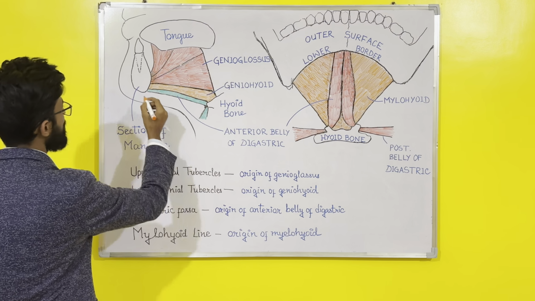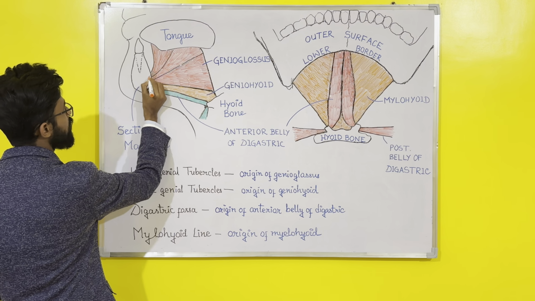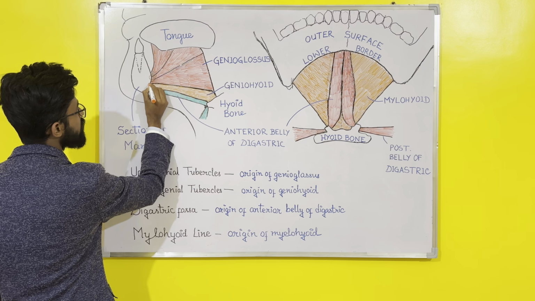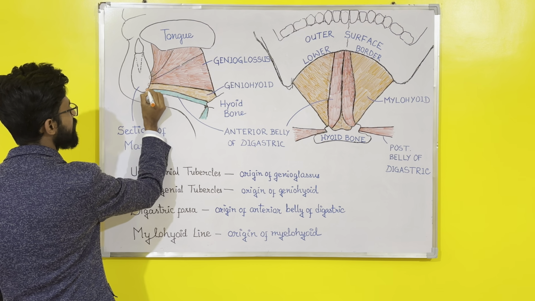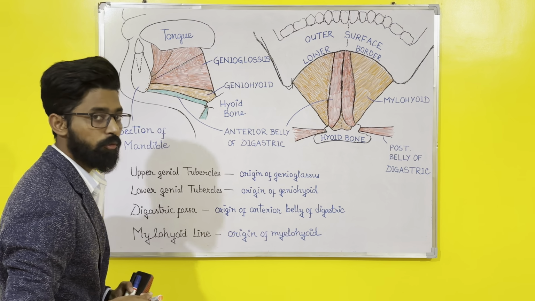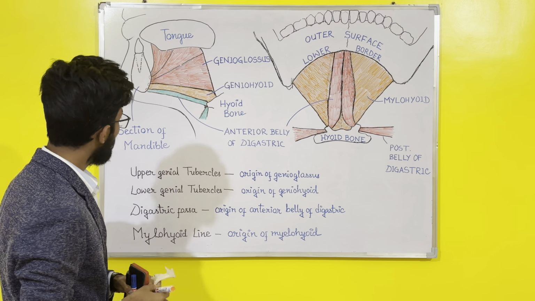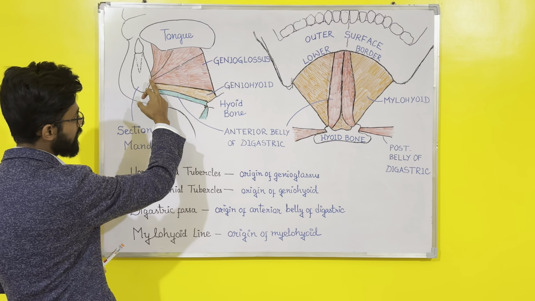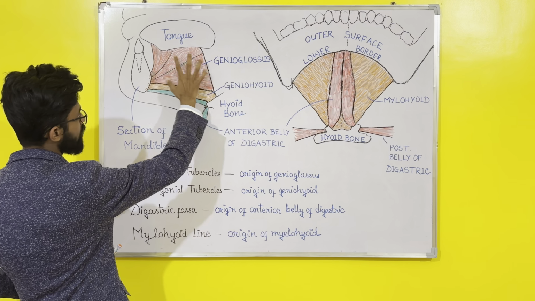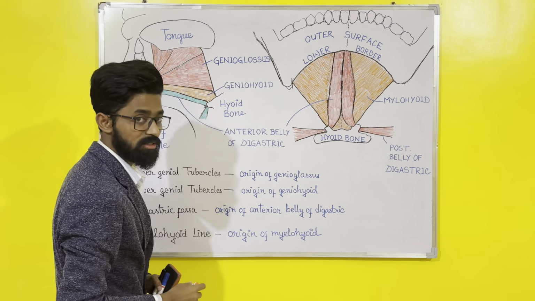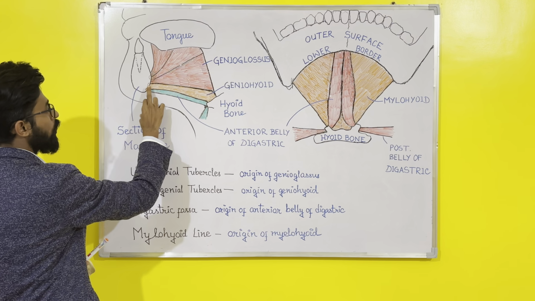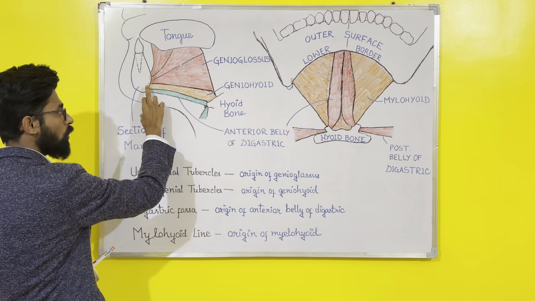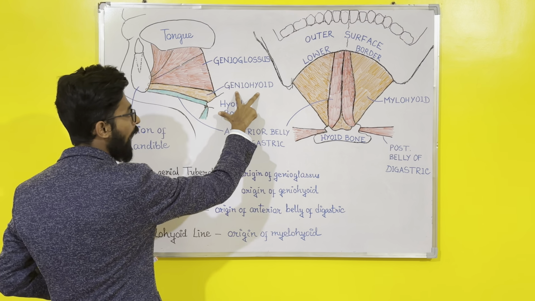So if you can remember, here is the upper genial tubercles, here is the lower genial tubercles, and this here is the digastric fossa. Okay, it was discussed in the last video. So upper genial tubercles gives origin to the muscle named genioglossus. Similarly, lower genial tubercles gives origin to geniohyoid muscle.